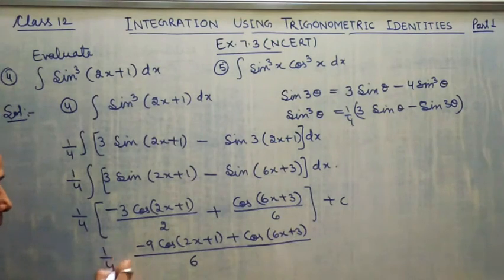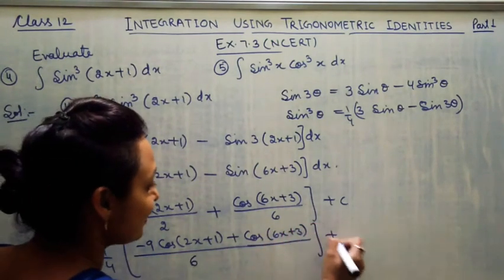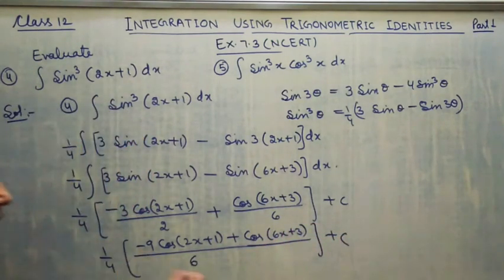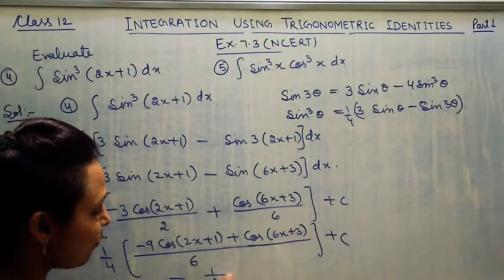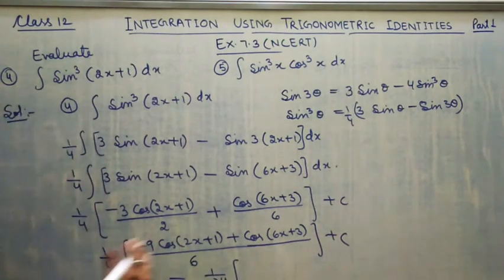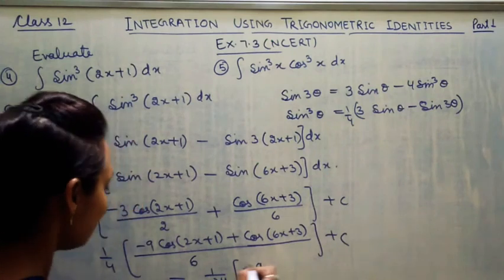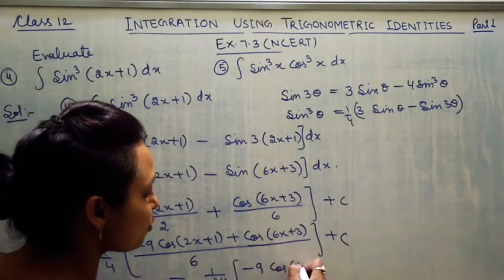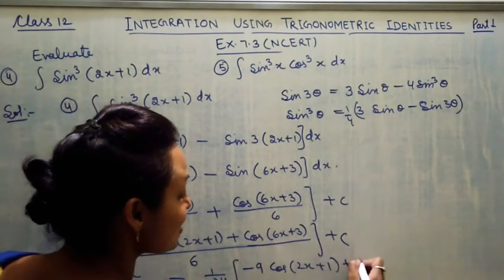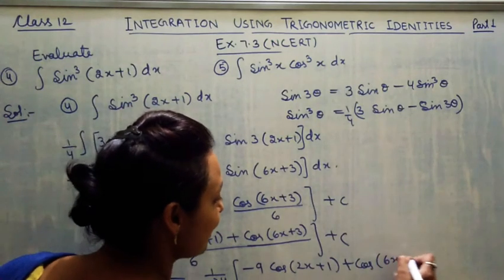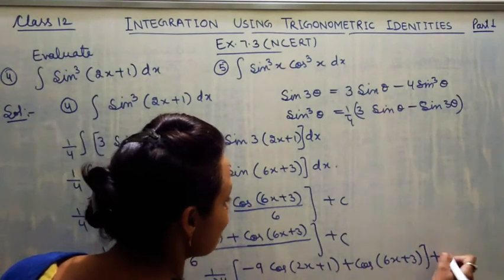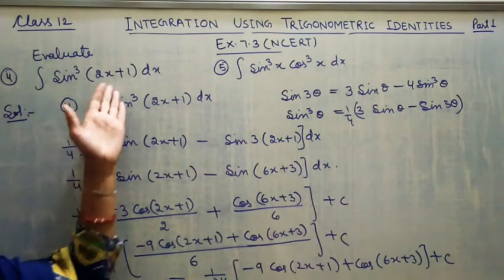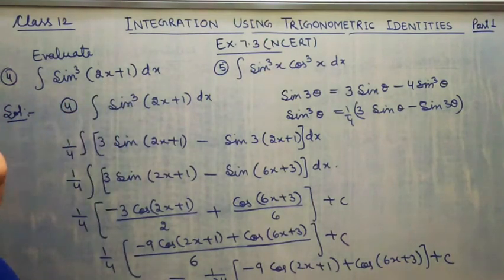I will multiply this with 6 fours are 24. The next step is you have to take 1 by 24 as a common factor. We have minus 9 cos(2x plus 1) plus cos(6x plus 3) plus constant. So this is the way to solve question number 4. Now come to question number 5.